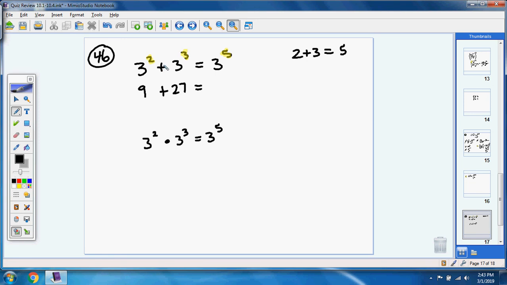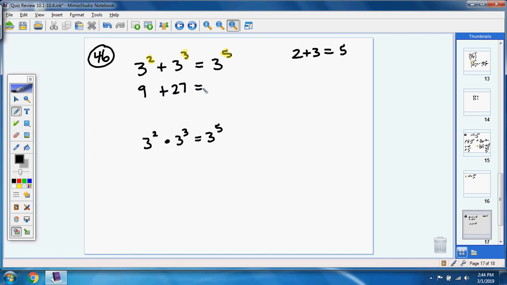You could say, due to the property of exponents with multiplication, I would be allowed to add my exponents 2 and 3 to give me an exponent of 5. However, since it is not a multiplication problem, it is instead an addition problem, I am unable to use that rule. Therefore, I worked it out using my order of operations.